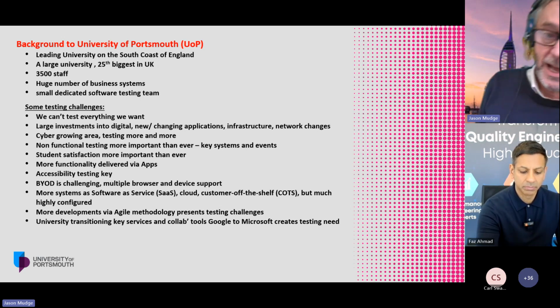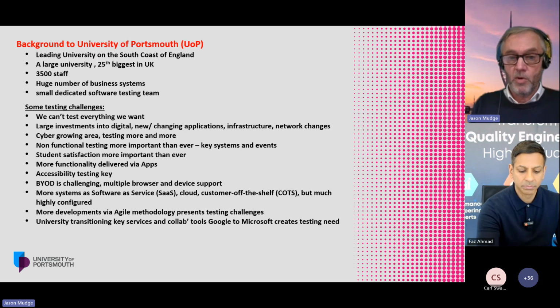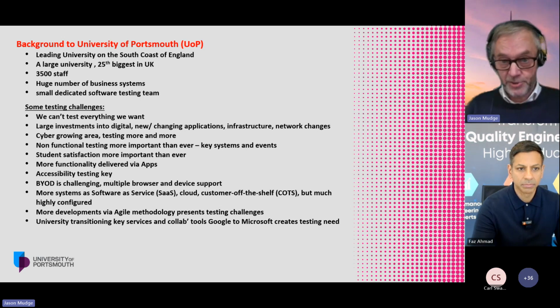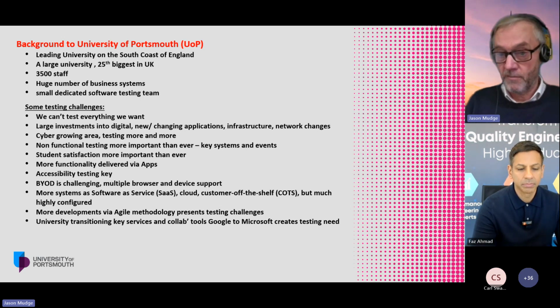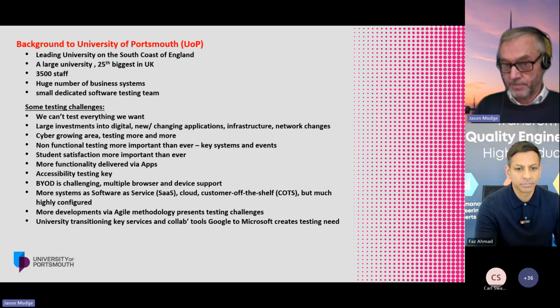The next thing I wanted to mention is student satisfaction. More and more we're being pushed on student satisfaction, and key metrics are gathered around that. So there are really high expectations as to system performance.